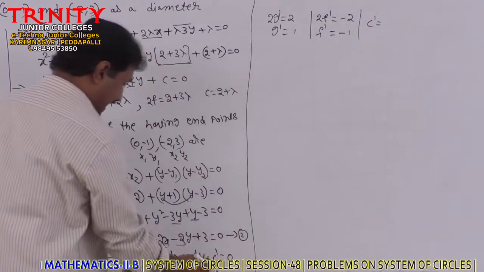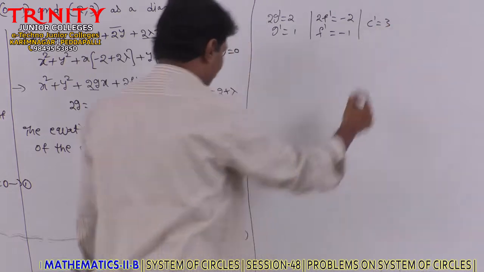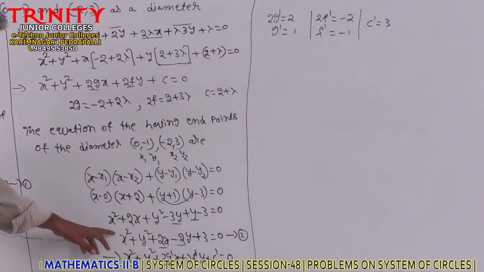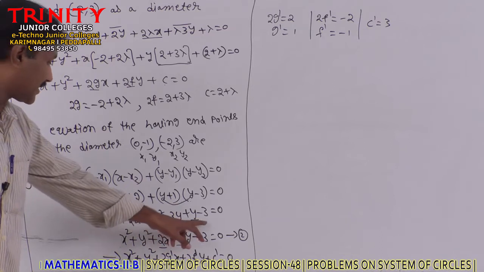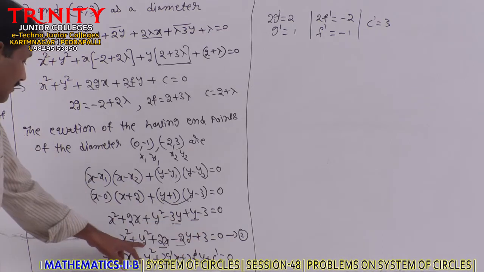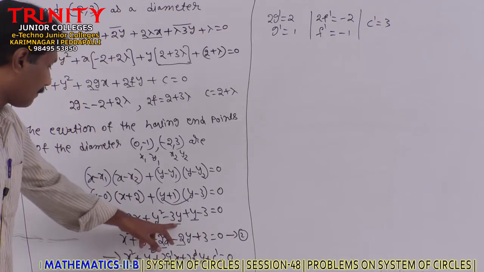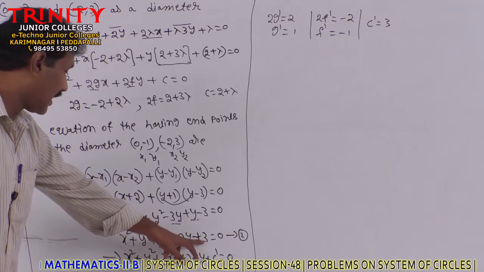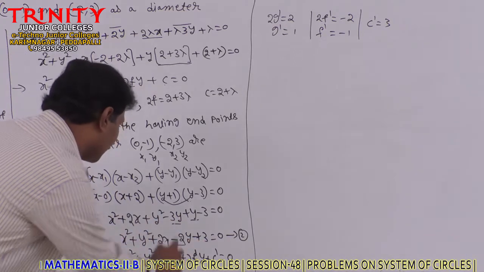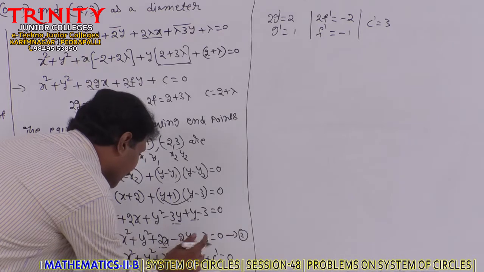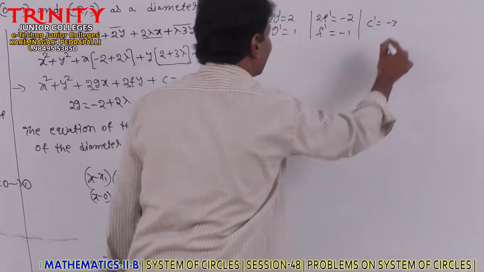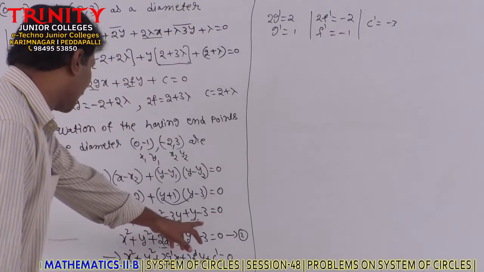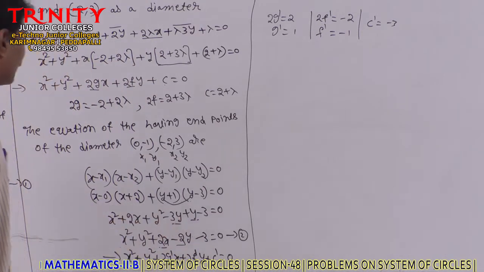The constant c' equals minus 3. Therefore, the value of c' is minus 3.